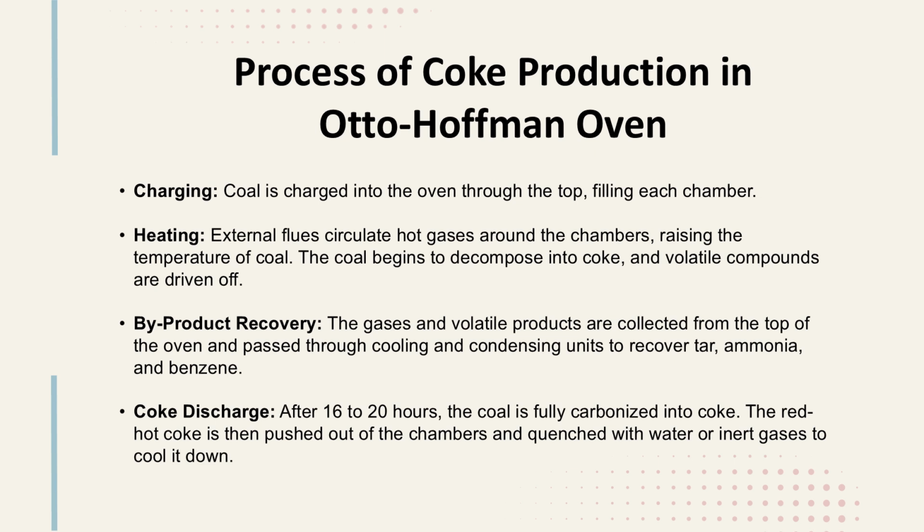Byproduct recovery. The gases and volatile products are collected and cooled, allowing recovery of valuable chemicals like tar, ammonia, and benzene. Coke discharge. After 16 to 20 hours, the carbonization is complete and the coke is removed. The red-hot coke is then quenched with water or inert gases to cool it down.